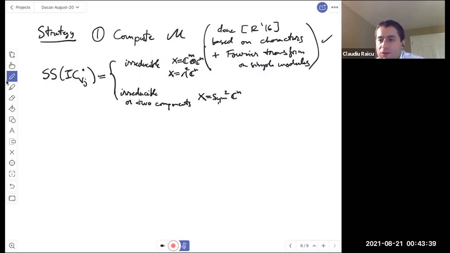So if you apply a Fourier transform, if you do a rotation, then you will get the cotangent of co-rank I matrices.